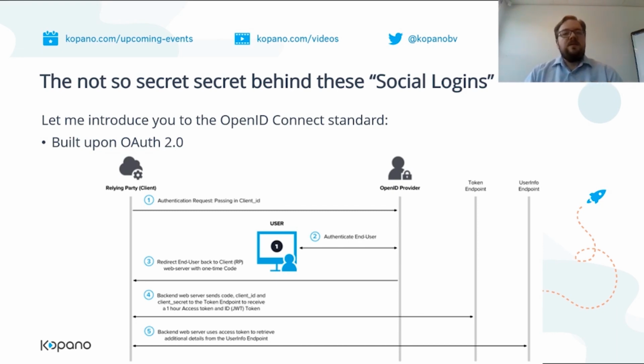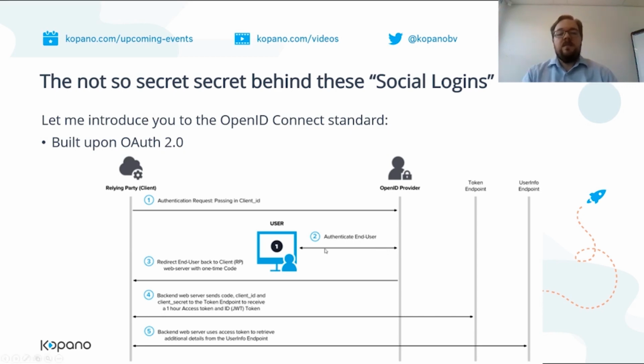So the idea here is that instead of directly talking to your authentication provider, the client where you're logging in, the so-called relying party, basically sends a request to your OpenID provider, which is your login provider. And that ID provider then says, oh yeah, I already have a session for you, so you can directly log in. Or if there is no session already, then the ID provider directly redirects you to a login form.